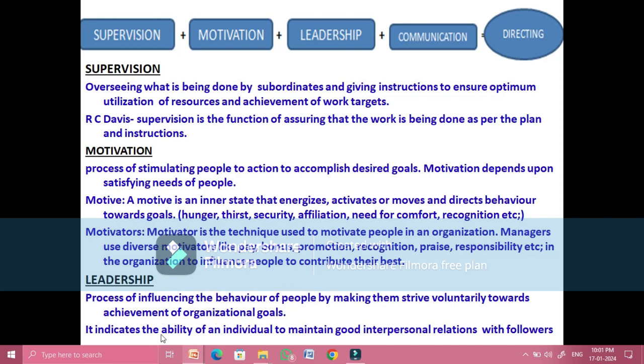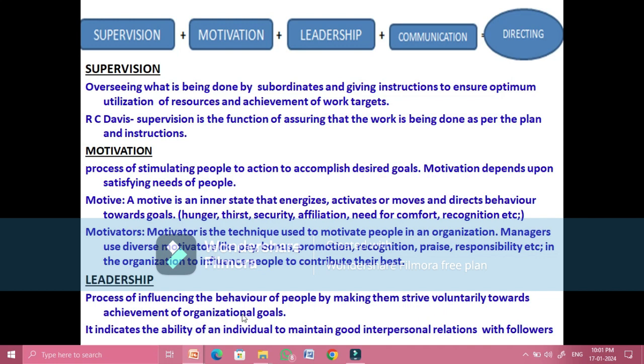It indicates the ability of an individual to maintain good interpersonal relationships with followers. So leadership means definitely he is an able person. He has the ability to influence his followers.